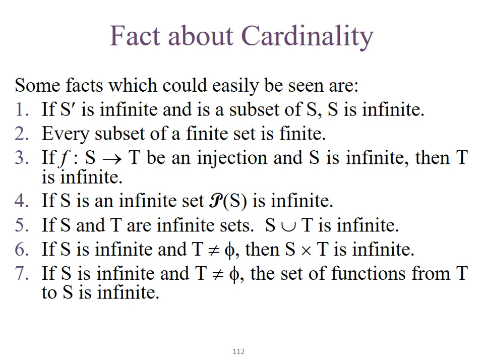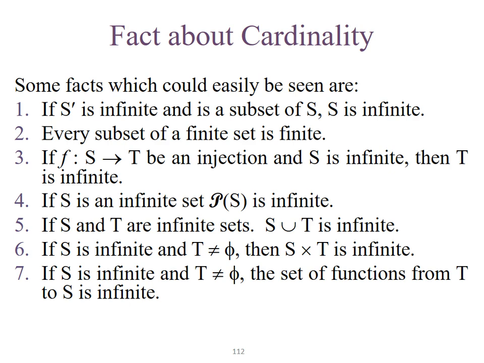All right. Next one, if S is infinite, then its power set P(S) is infinite. We know the cardinality of a power set P(S) is larger than the cardinality of S, right?